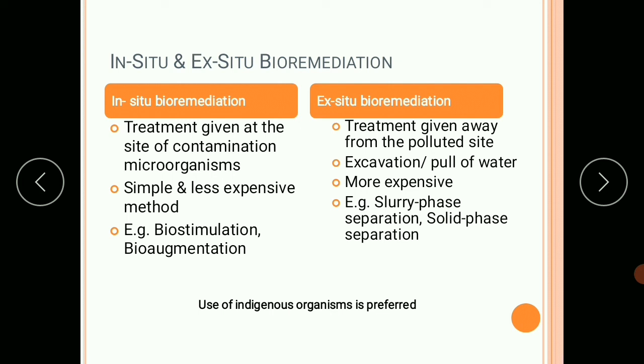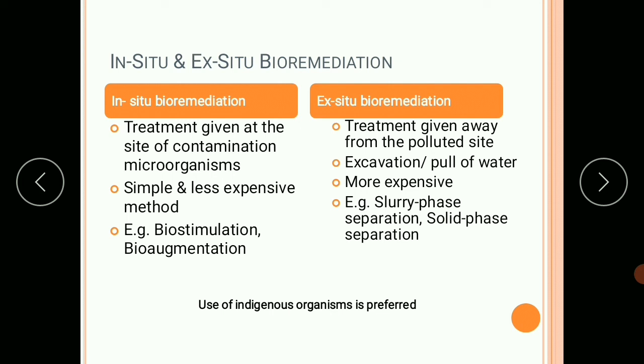When we modify an organism, we call it a genetically modified organism. These GMOs we will culture in our lab, and then put into the treatment site. We can also add exogenous organisms, meaning we provide outside organisms or introduce some outside strains into that site.